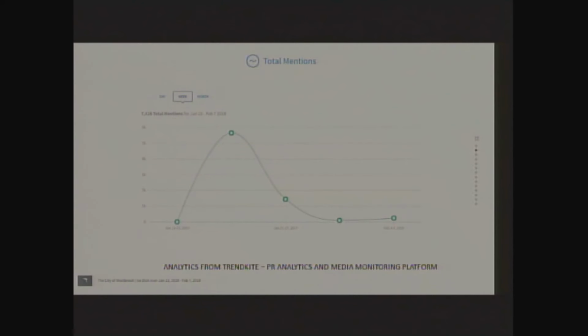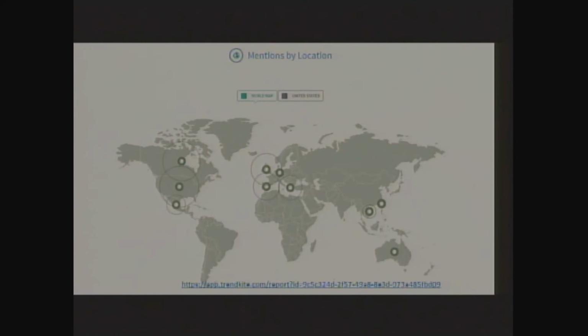So that's 7,425 between that time period, January 13th to February 7th. These are some of the more prominent locations that the ice disk was mentioned in news media. So North America, Australia, Taiwan, Vietnam, Greece, UK, Spain.